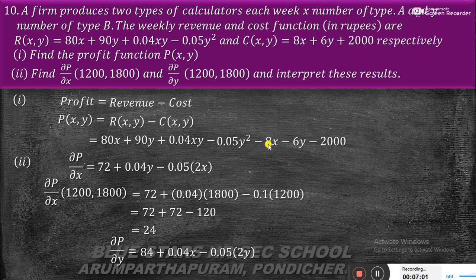Minus 8x gives minus 8, so 80 minus 8 means plus 72. Minus 6y is 0, and the constant is also 0. Therefore we get the answer 72 plus 0.04y minus 0.05 into 2x.